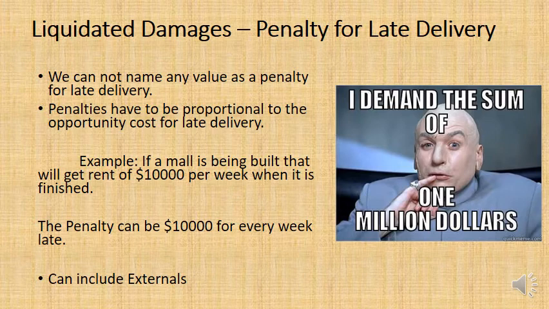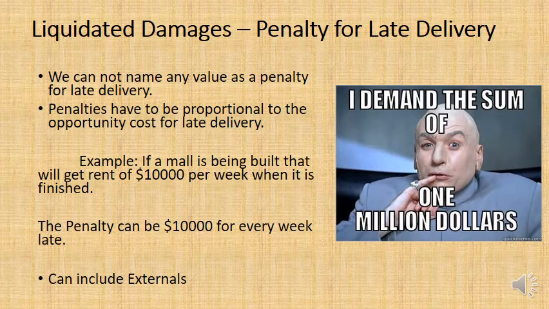Now, once the mall is open, you're going to be getting rent of $10,000 every week. That means if the contractor is late in delivering the project by 1 week, you have lost in opportunity cost $10,000 because you've forsaken that rent.